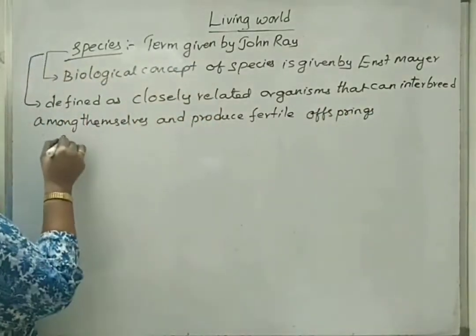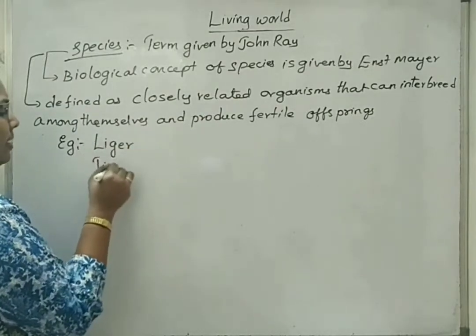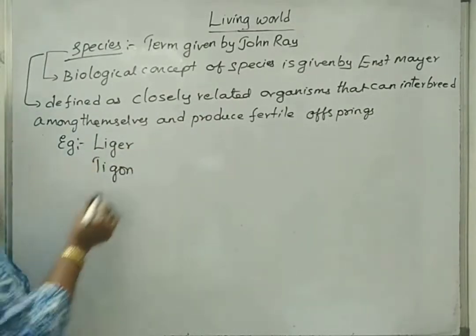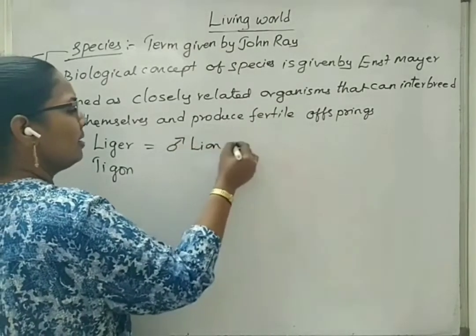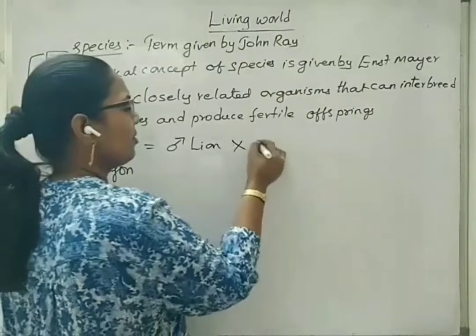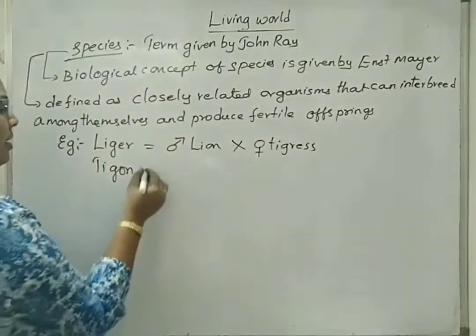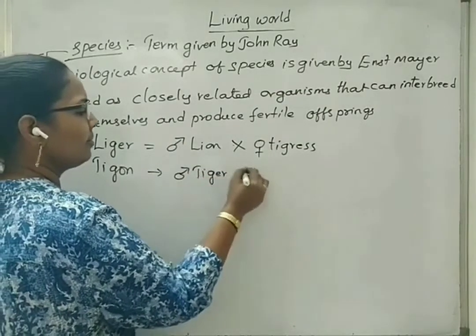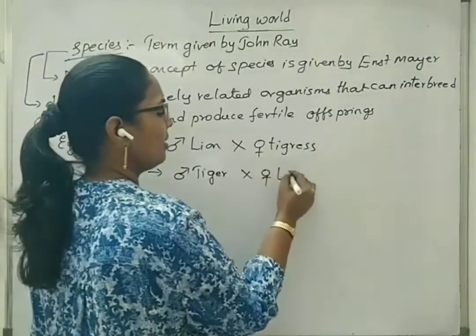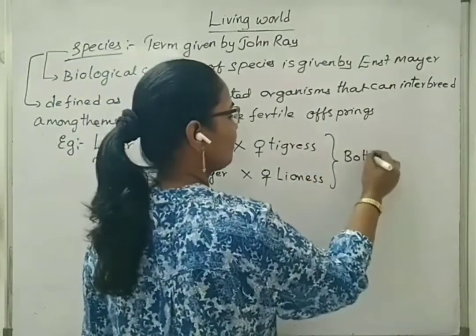Here we can take examples like liger and tigon. Liger is a cross between male lion with female tigress. Tigon is a cross between male tiger with female lioness. Both are fertile.